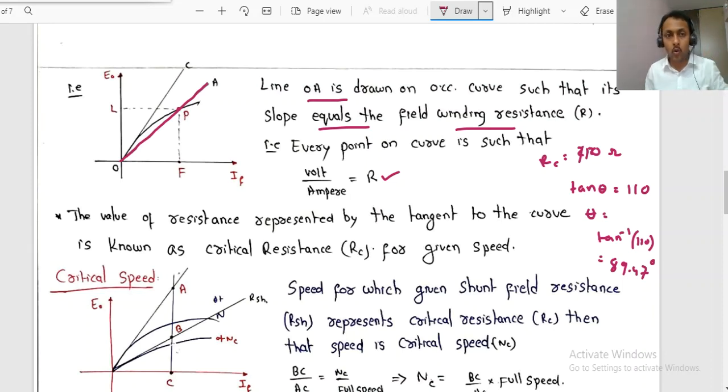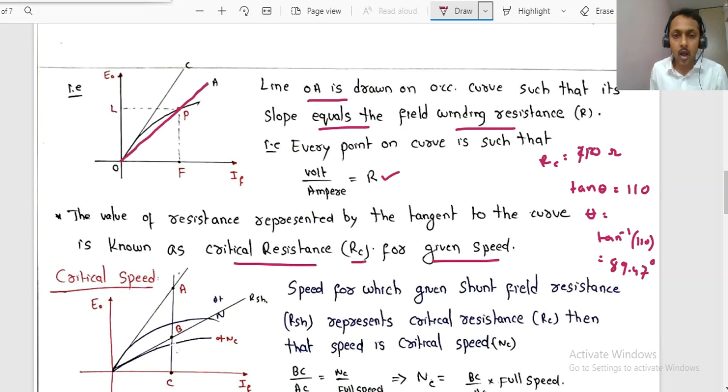So the resistance represented by the tangent will represent the critical resistance, whereas this OA line represents the field winding resistance. Once you draw a tangent, the slope of the tangent represents the critical resistance for the given speed.